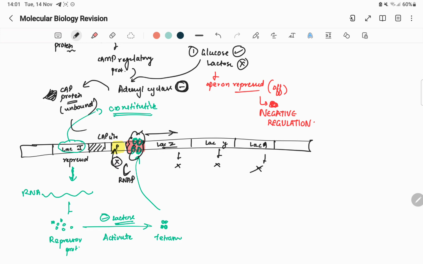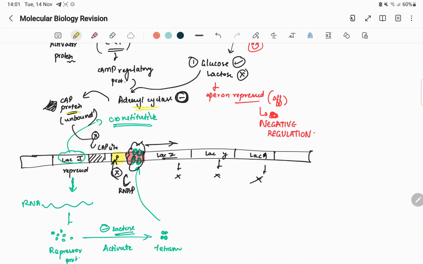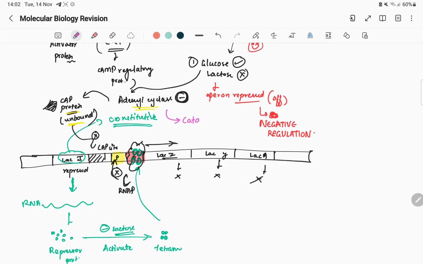CAP will not bind to the CAP site. This inactivation of adenyl cyclase, due to which the CAP protein is unbound, is called catabolite repression.